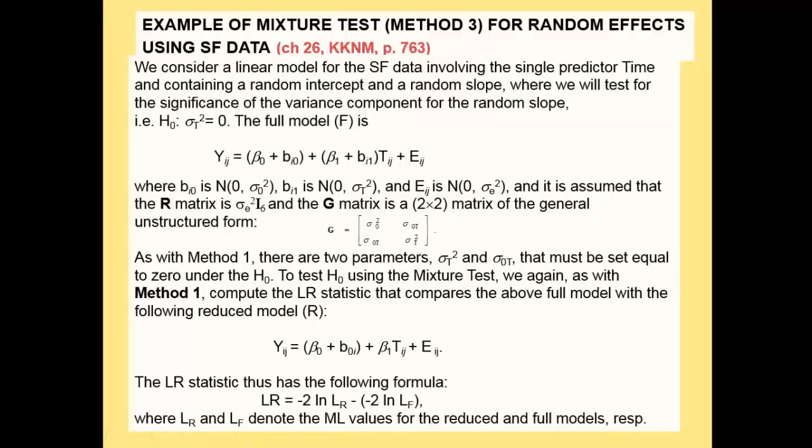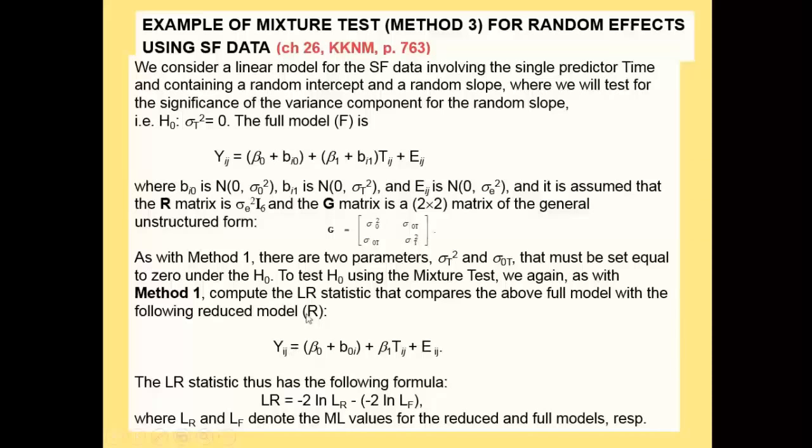But as with model 1, there are two parameters, sigma_1t, sigma_t squared, and sigma_0t, that must be set equal to 0 under the null hypothesis in order to get the reduced model. The reduced model doesn't have this term in there. So method one is to compute the LR statistic that compares the above full model with the following reduced model.